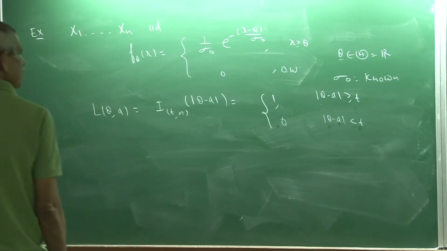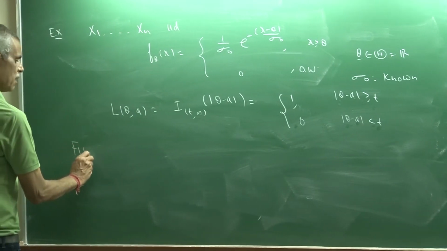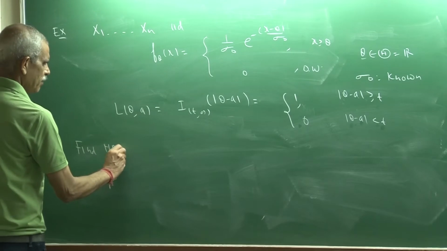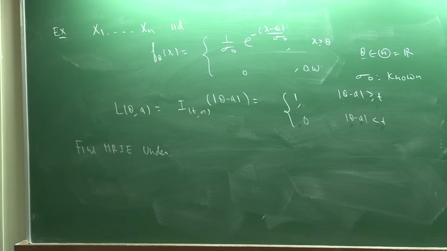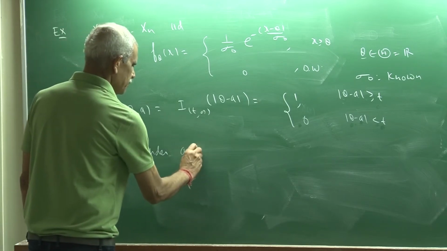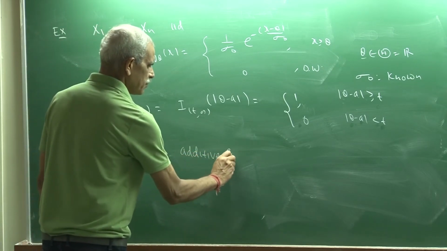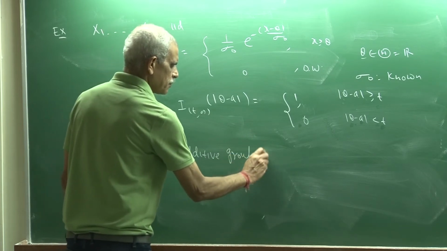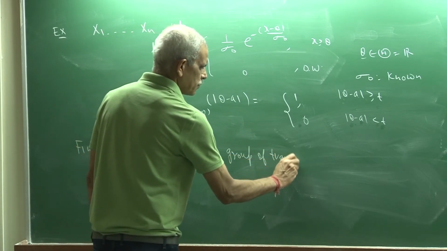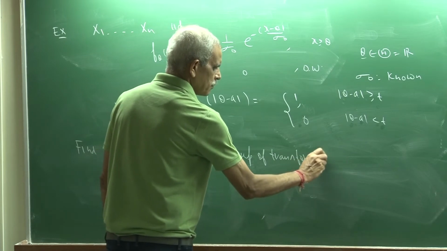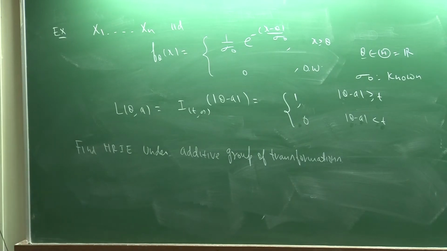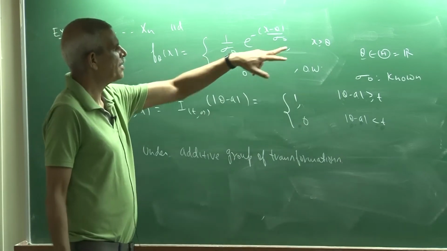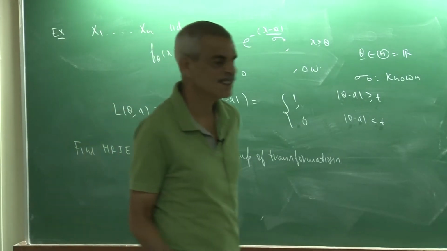So find the MRIE under the additive group. Now in this case things are simple because it is one parameter, so X1 is complete sufficient.